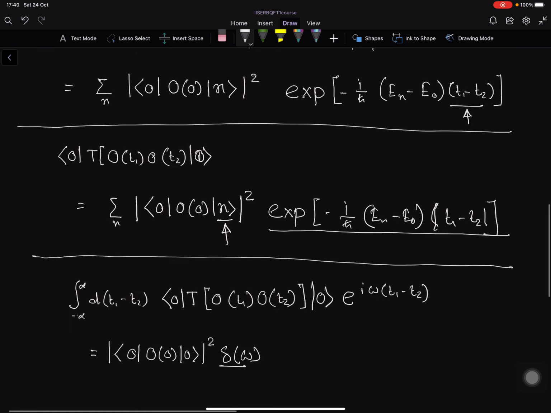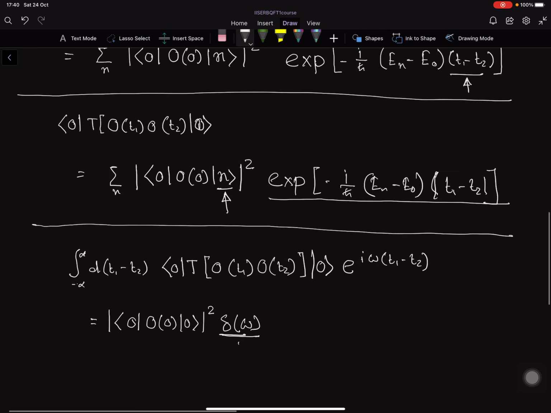So when we choose 0, this is just a delta function. This is very important, that this is a delta function.